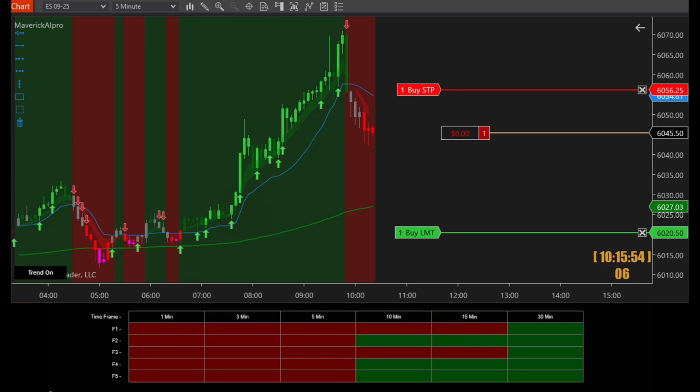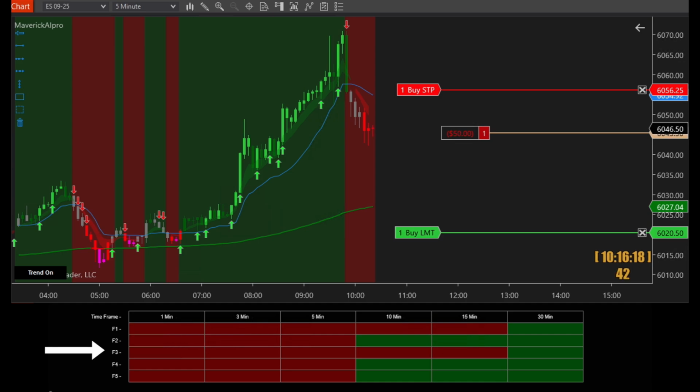We got a down signal. And if you look at this bottom indicator, this is the Maverick Multi-X in the bottom panel, you can see it's half red and half green. The way the Maverick Multi-X works is it's looking at 6 different time frames, and it has 5 independent formulas per time frame.